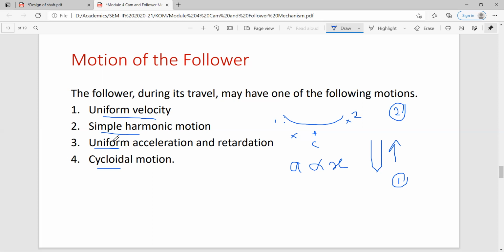So in this lecture, let us see when velocity is uniform, how to construct the displacement diagram, and if the motion is simple harmonic motion, how to construct the displacement diagram. We will see these two cases today.